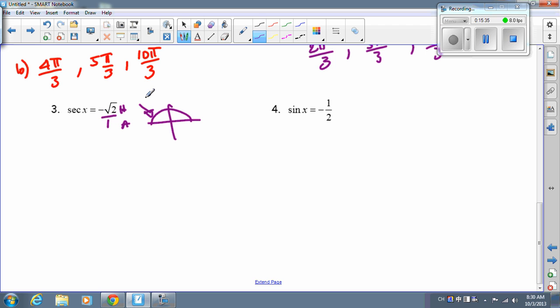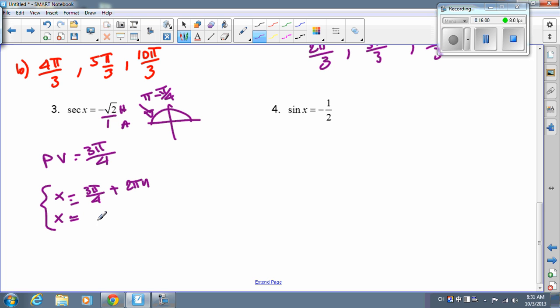In this quadrant, instead of 45 degrees, I will do pi minus pi over 4, and you end up with a principal value of 3 pi over 4. Now, because it's cosine related, all I need is a plus and minus. That's x equal 3 pi over 4 plus 2 pi n. And x equal, on this one, negative 3 pi over 4 plus 2 pi n.